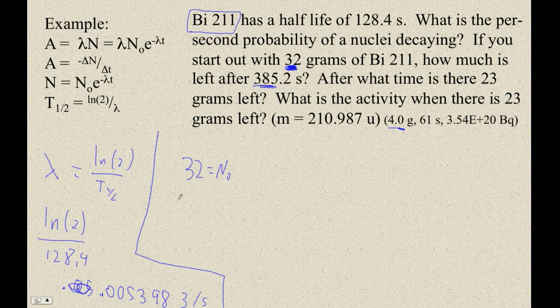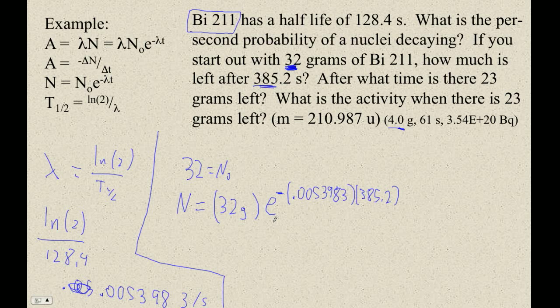Okay, so N equals 32 grams, my original amount, times e to the minus 0.005398.3 times 385.2, right? So let's try that. 32 times, where's my e to the whatever?